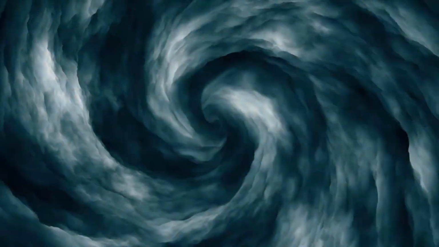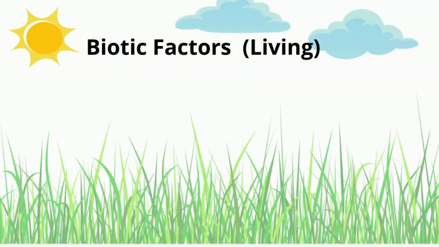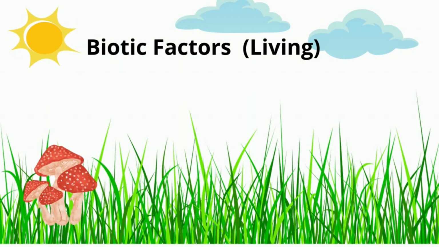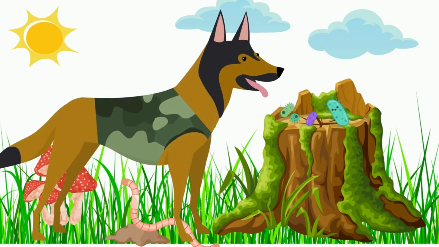So now that you have guidelines for identifying biotic and abiotic factors, let's take a look at some more examples. Other examples of biotic factors include grass, mushrooms, moss, earthworms, bacteria, and the list is very long.